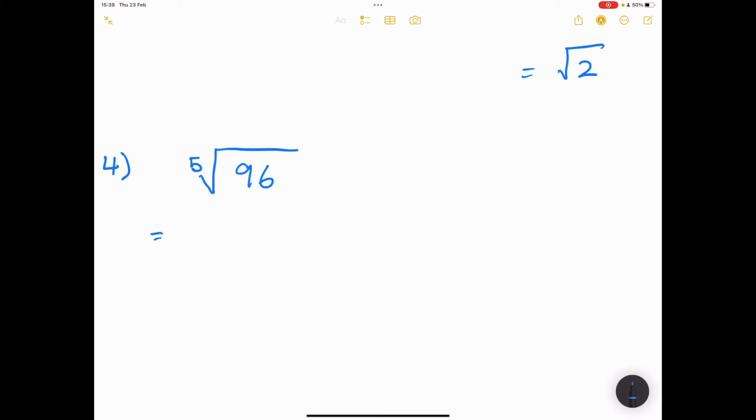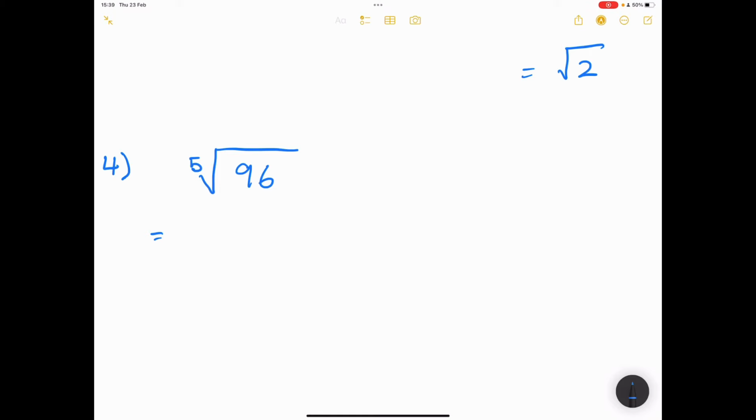So, just think about it. If I tried to use the number 2 in this case, I was going to have 48 multiplied by 2, but 48 doesn't help me much. It's not a perfect square, right?